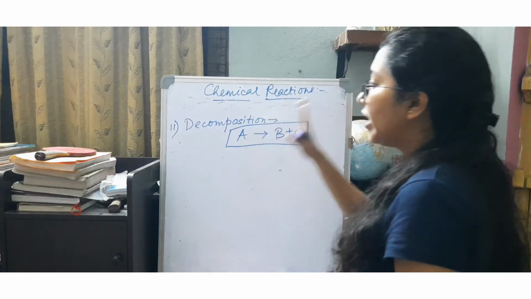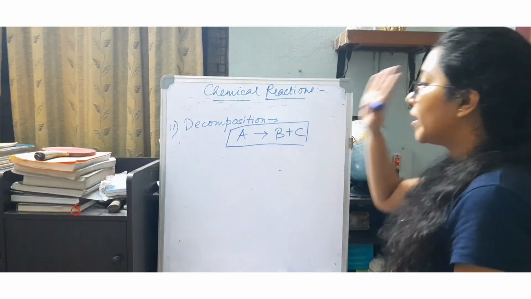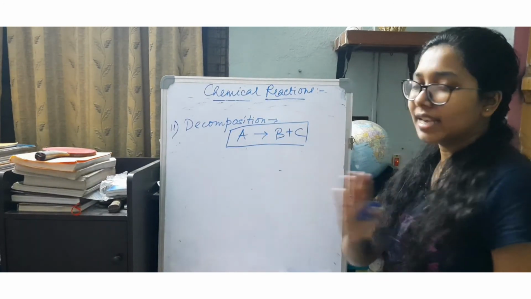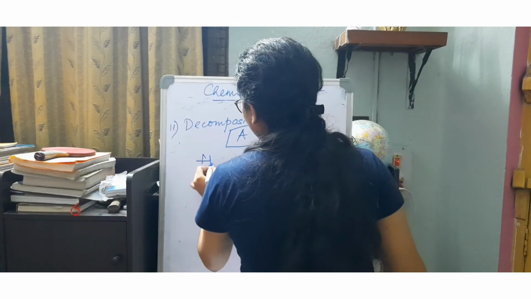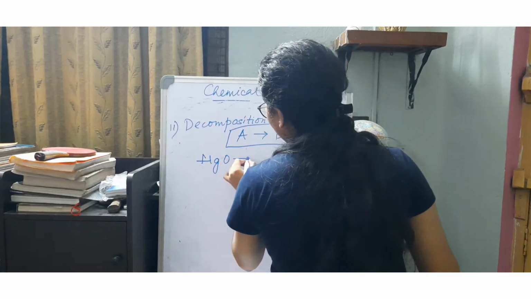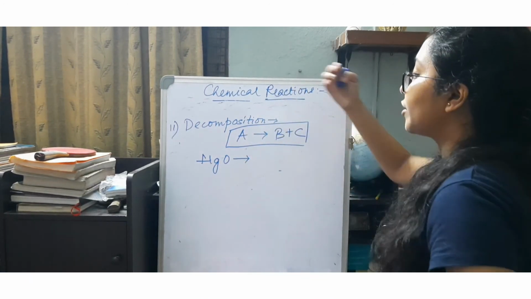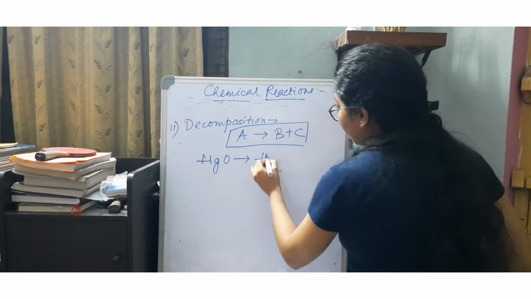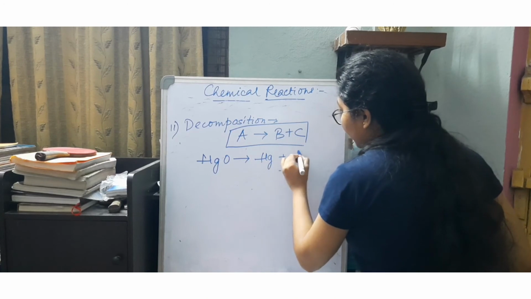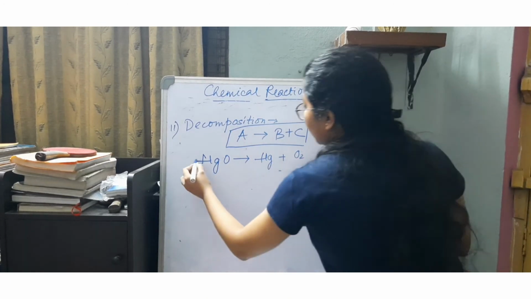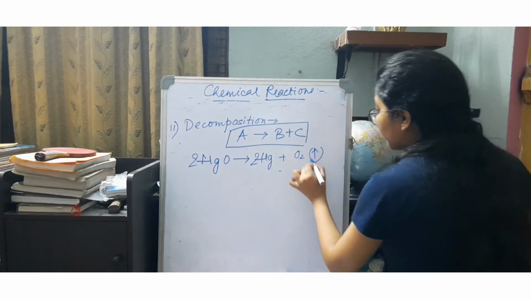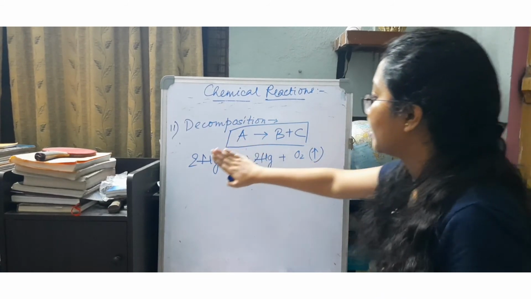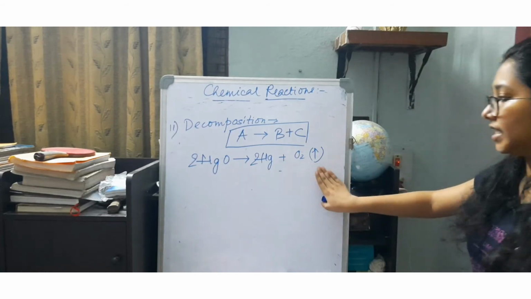The most core-level important examples which you should know, those examples only I will be discussing. First is when HgO decomposes or dissociates to form Hg plus oxygen. Oxygen is a gas, so you can use the upward arrow. So this is decomposing to form the A plus B type.